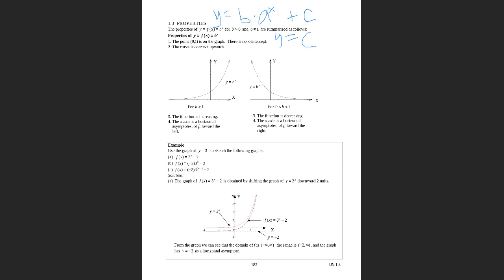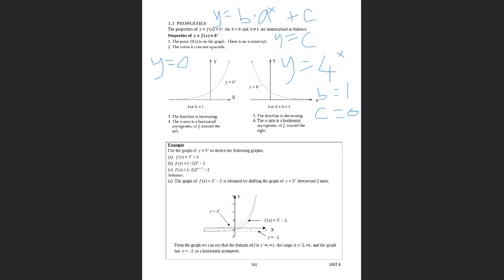So if you write a function like this, y equals 4 exponent x, the meaning is that your p is equal to 1, that is, the coefficient of the exponent is 1, and your c is equal to 0. And now your asymptote is always y equals c. That means your asymptote is going to be y equals 0.